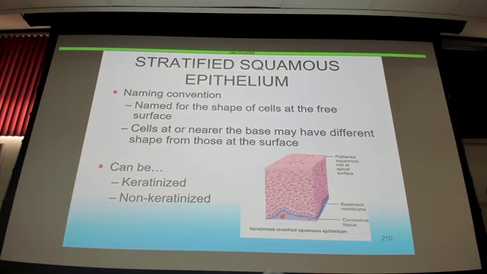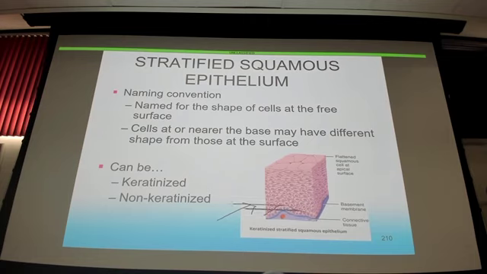Anytime you look at a picture, if you were to look at this picture and say, okay, what type of cell is this, if you're basing it on its shape, let's look at what these look like down here at the basal layer.